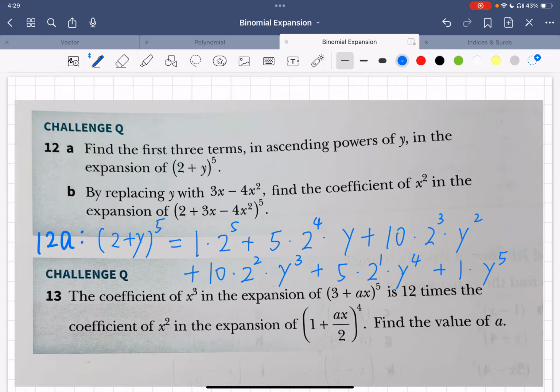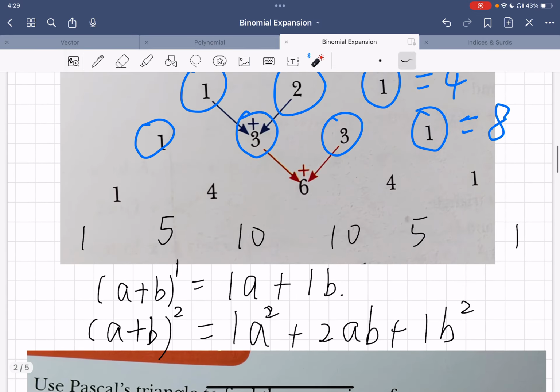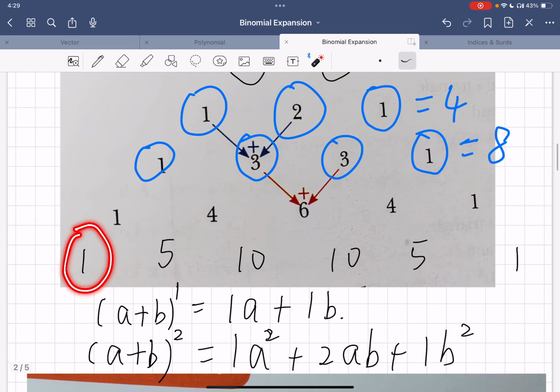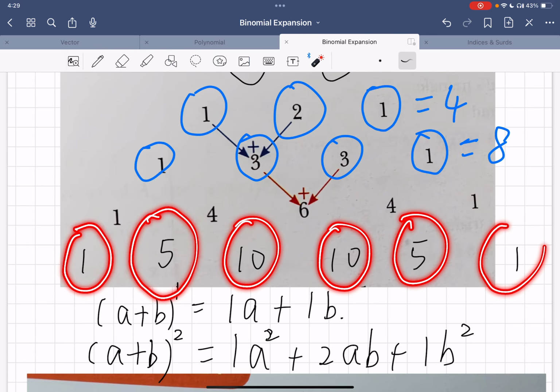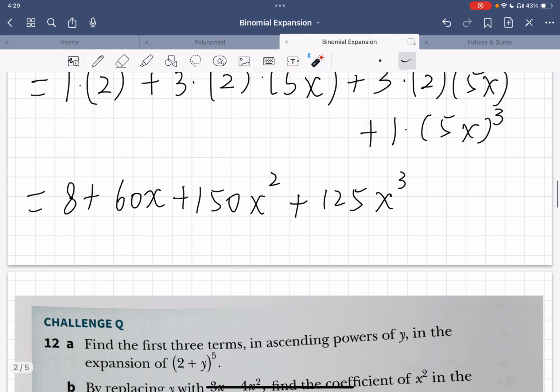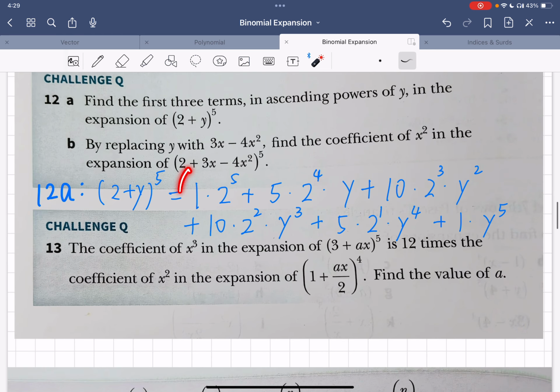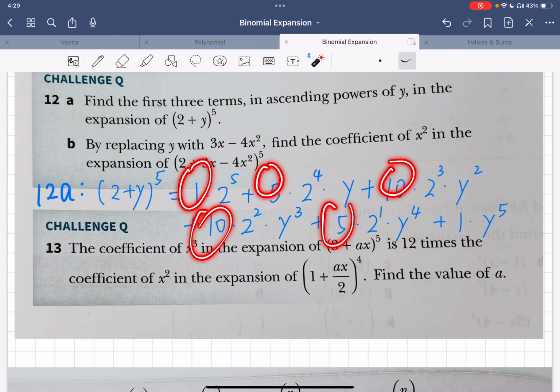So you can see that I just follow the Pascal's triangle result for the fifth row, which is 1, 5, 10, 10, 5, 1, for each term's coefficient.